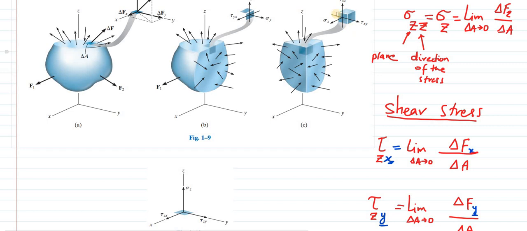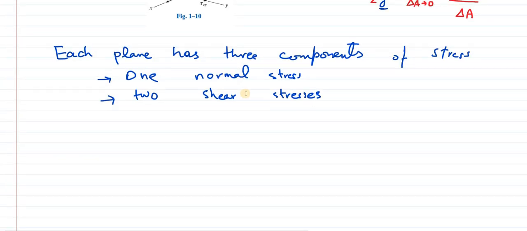So similarly, for each plane we have a plane opposite to it. So in total we have 6 planes. Since we have 6 planes, and each plane has 3 components, or should I write them separately?